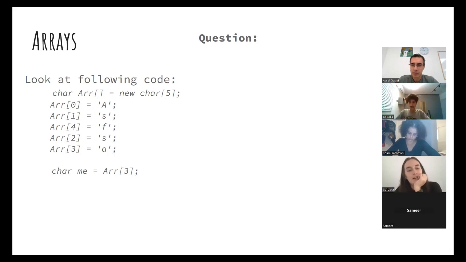I didn't get what char means. What is char? Char is a type, and me is the name of a variable. So I'm defining a new variable, which is of type char, and the name of the variable is me. It's just one variable, one box. This box can hold one character in it.